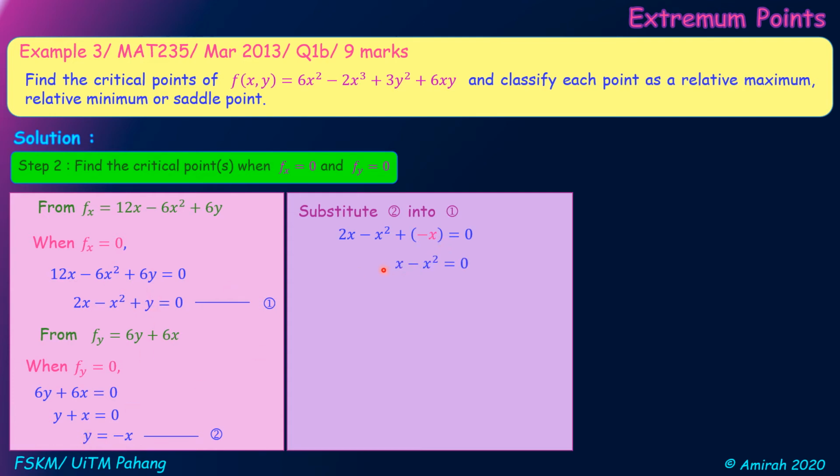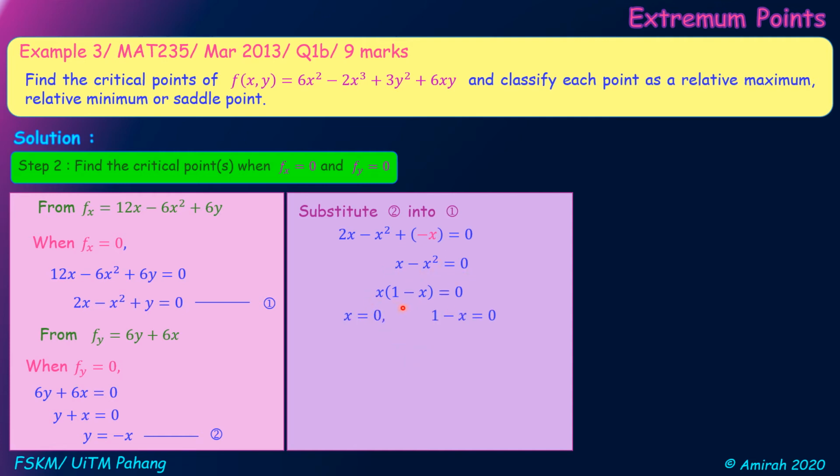Then we simplify: 2x minus x equals x, and then minus x squared equals 0. Then we can factorize x here, and in the bracket we get 1 minus x. So that when we expand, we get back x minus x squared equals 0.